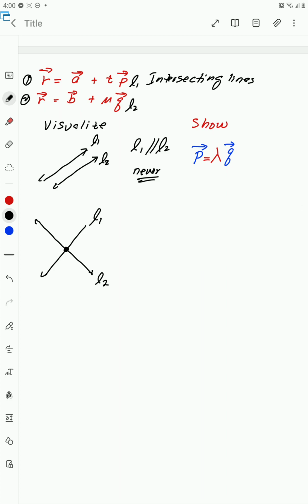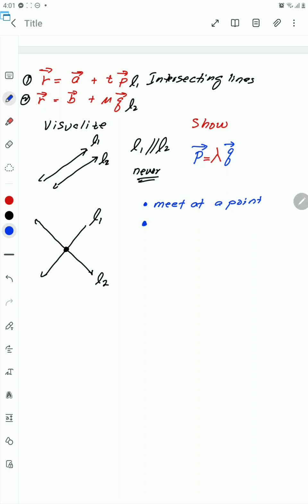How shall we show that they intersect? We need to show, because the two lines intersect, then logically they meet at one point. Only one point. It's impossible to be two, right? And they meet at a point.